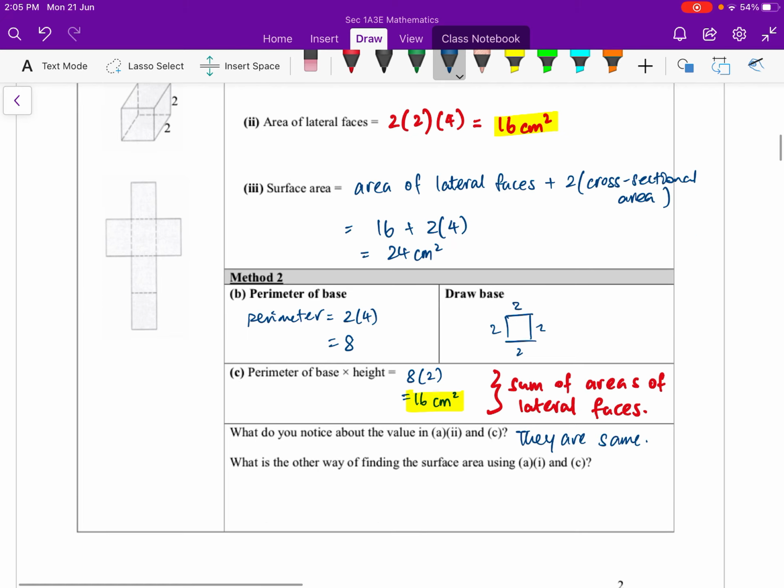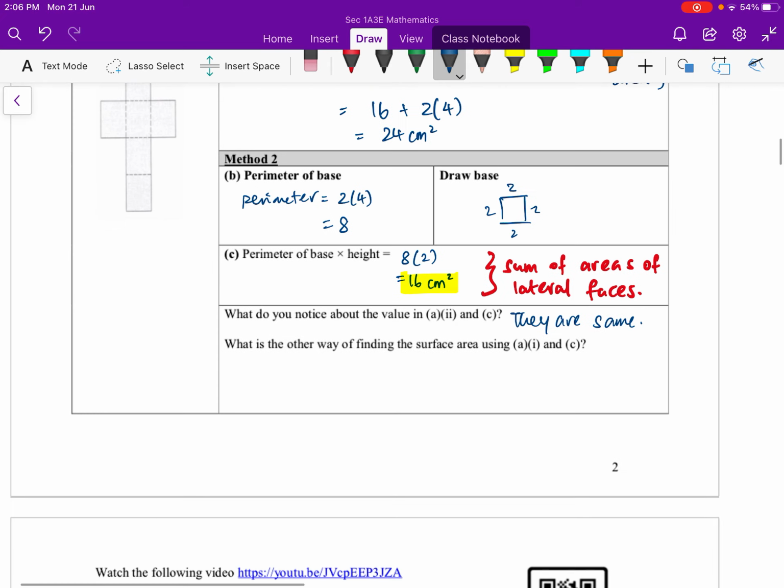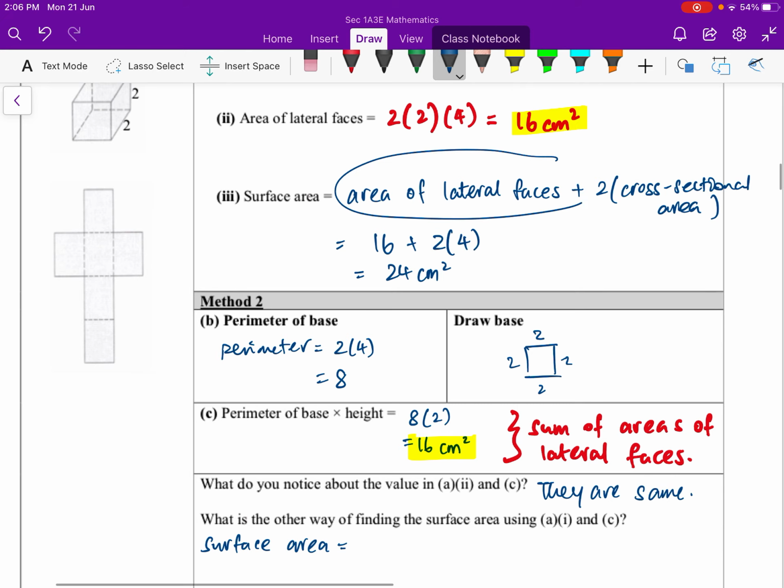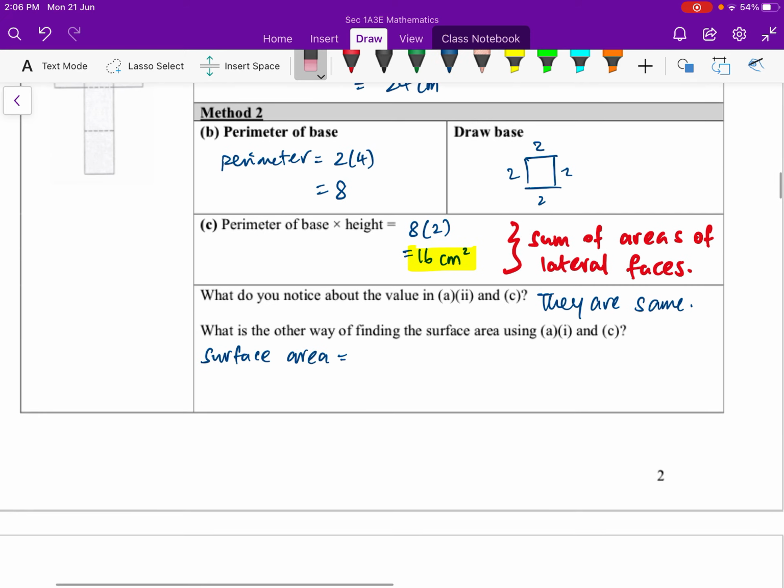So what is the other way of finding the surface area using what we have just discovered? Instead of saying all these area of lateral faces, we now have a method of calculating it. It is the perimeter of base area. I'm writing base area instead of cross-sectional area because it's shorter.